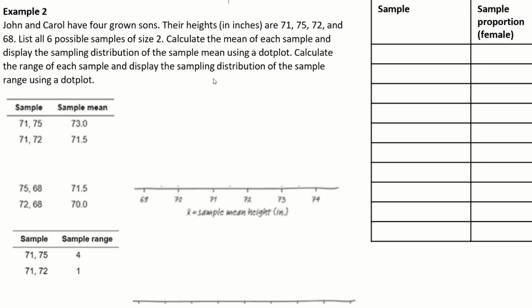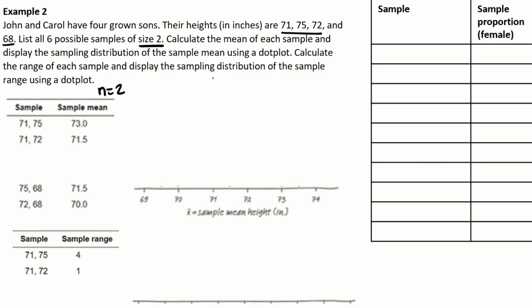Now we are trying to come up with all the possibilities of size 2, so our n is 2, where we have 2 in each sample. What are all the possibilities of these 4 data points where I select 2 at a time?